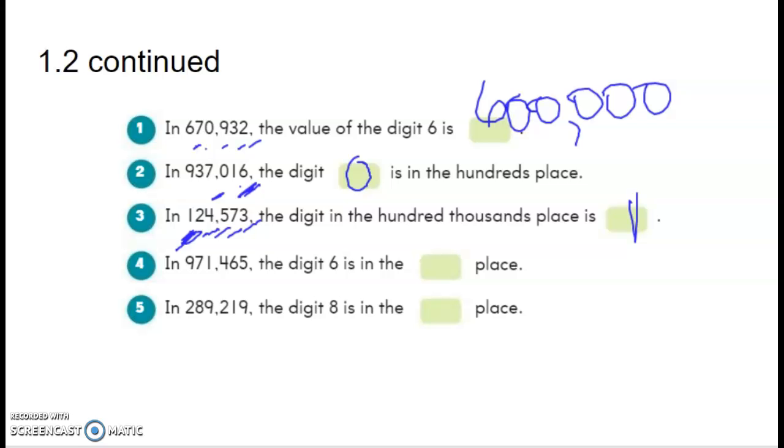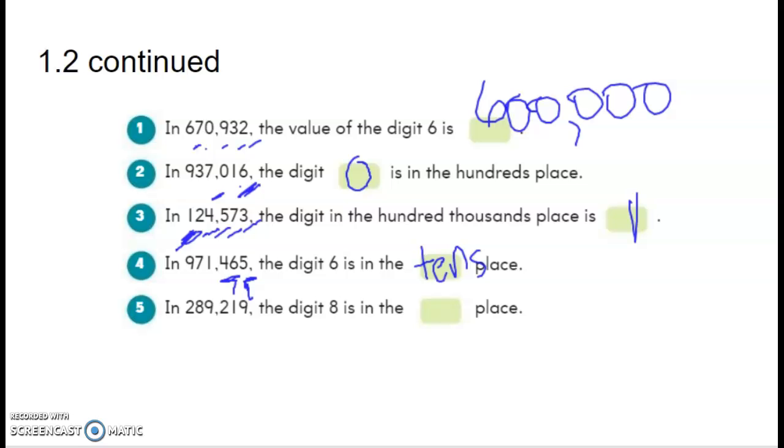Number 4, in 971,465, the digit 6 is in the blank place. Okay, we have tens. I did that in the other video. Ones is first, then we have tens. So the 6 is in the tens place.